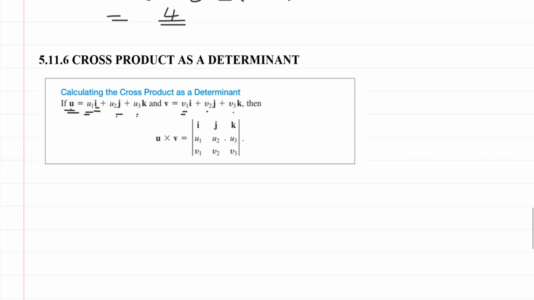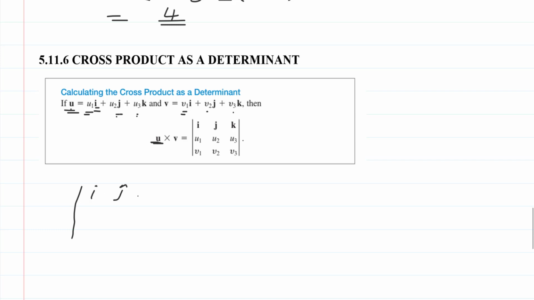The second row will consist of the components of the first one there. So if it was v cross u, it would be v1, v2, v3, but now it's u cross v, so it's u1, u2, u3. We can't put them in any other order. Then the next row, you put the components v1, v2, v3.